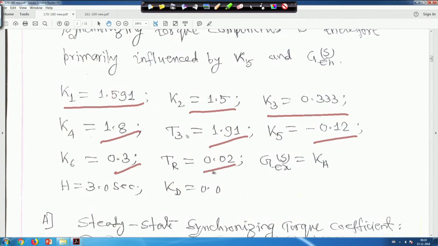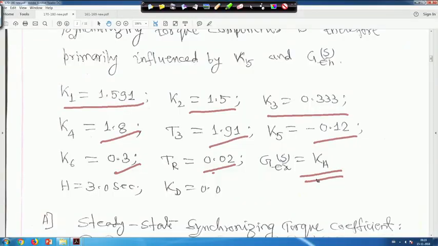Compared to T3, TR is very small and we can neglect it, but for the time being we have retained it; later we will neglect it. And for GXS we have taken KA, TA equal to 3 seconds, and the damping coefficient KD we have taken as 0. Suppose these are the parameters given for some analysis.